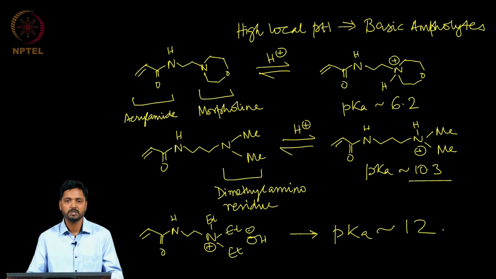So, we can use these different basic ampholytes in combination with the acidic ampholytes to create a wide range of local pH regimes within our gel, and that will help us in achieving the isoelectric focusing, where the protein of interest will attain a net neutral charge and will no longer migrate under the electric field, and this will allow us to carefully focus the protein of interest in a narrow region within the gel.